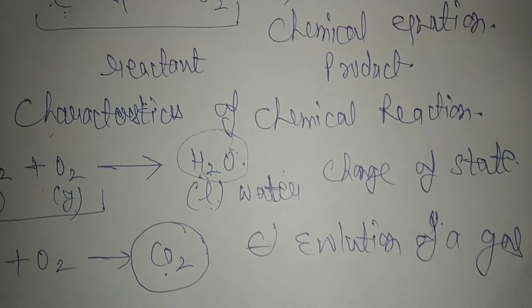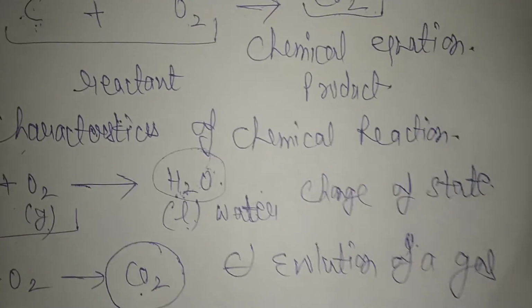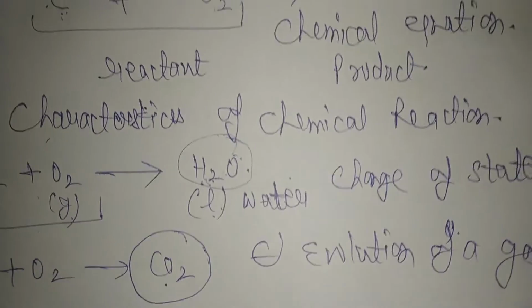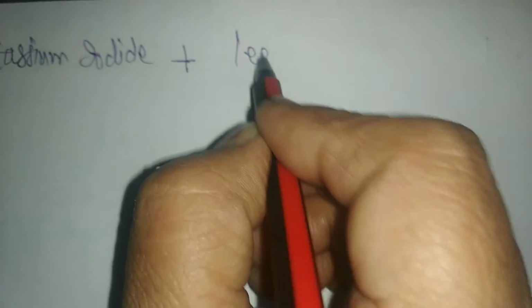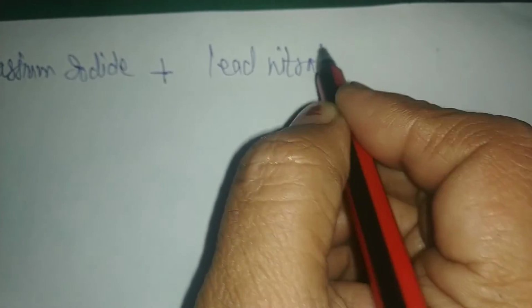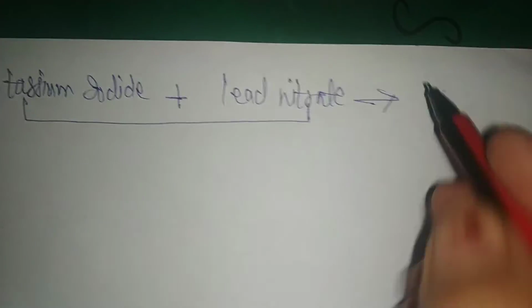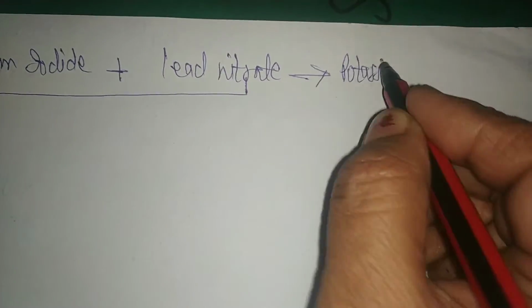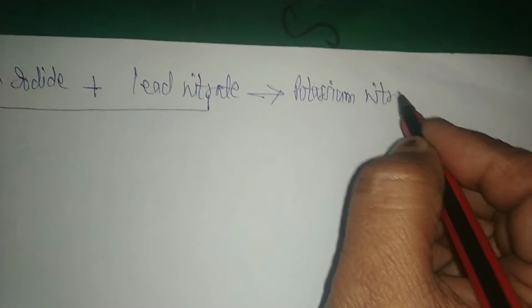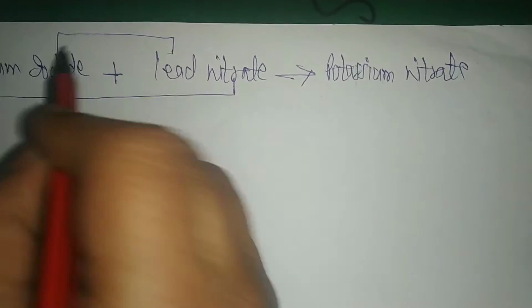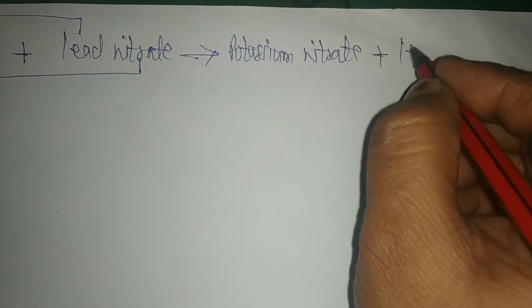And sometimes a precipitate forms, means I am adding, suppose, potassium iodide with lead nitrate. So what is formed? Potassium will combine with nitrate, so it will become potassium nitrate, and lead will combine with iodide, so it will be lead iodide.